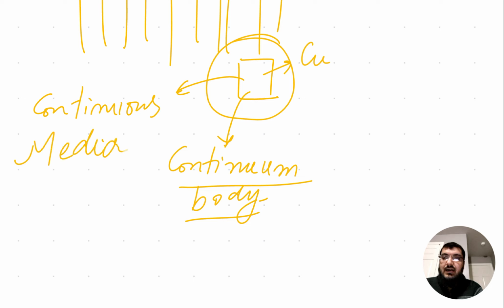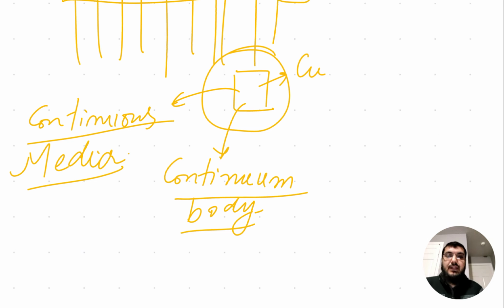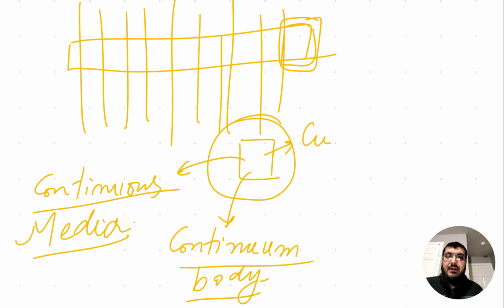So I know, with the power of continuum mechanics, I become independent of the particular nature of the material. I am considering it as infinitesimally small particles, treating it as a continuous media and calling it a continuum body.